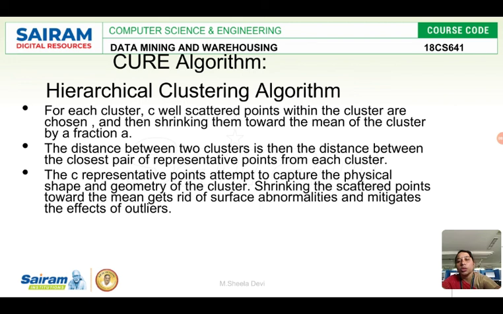Whichever data point is closer to the representative points will belong to that cluster. The C representative points attempt to capture the physical shape and geometry of the cluster.